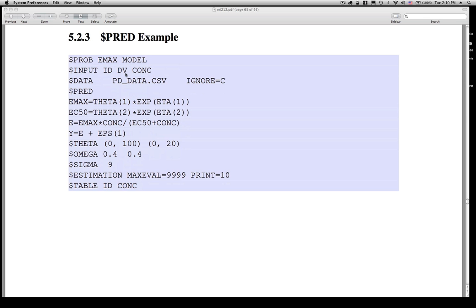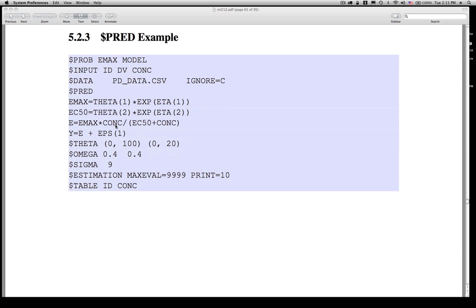The DV, again pharmacodynamics, and concentration is the independent variable, and so we construct the model where concentration is the predictor. So define an Emax and an EC50 here with some typical value fixed effect and some inter-individual random effect, and then some effect where effect is defined as an Emax model dependent upon observed concentrations here. You'll notice that CONC is observed in the data set, and that's what's used in this expression.